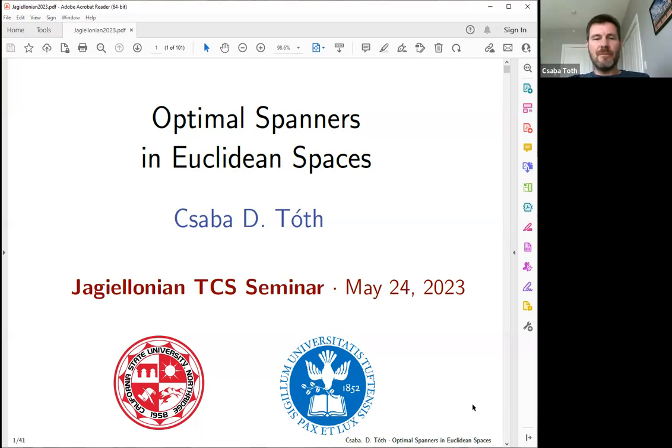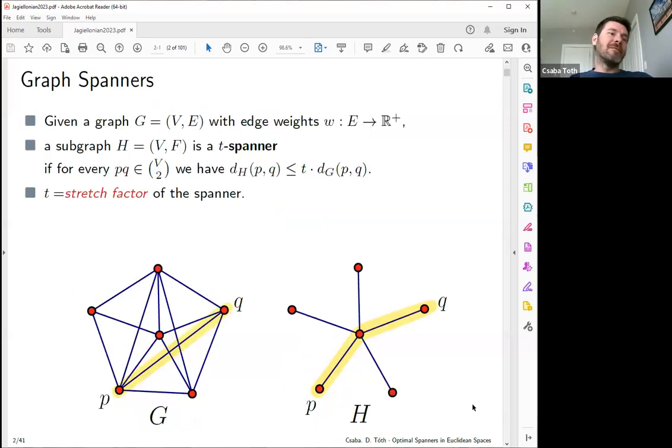I've been working on spanners for only the last couple of years. But let me start with a general introduction to spanners that probably many of you are familiar with. Spanners are defined for graphs in general, even an edge-weighted graph.